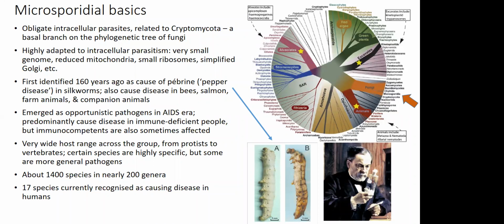So this is a very large phylum. Currently, about 1,400 species are recognized in nearly 200 genera. Now, out of this enormous pool of organisms, 17 are currently recognized as causing disease in humans. And of those, some are much more common than others.